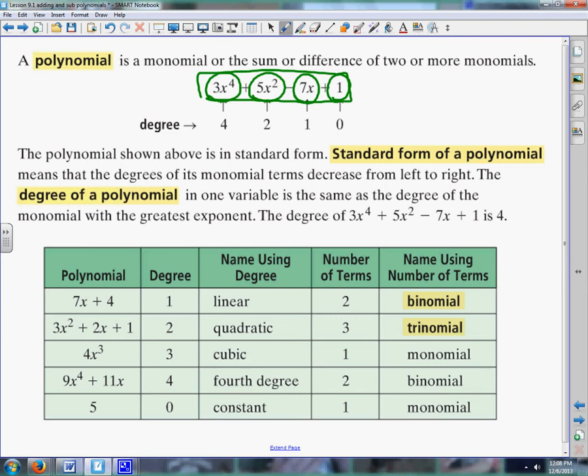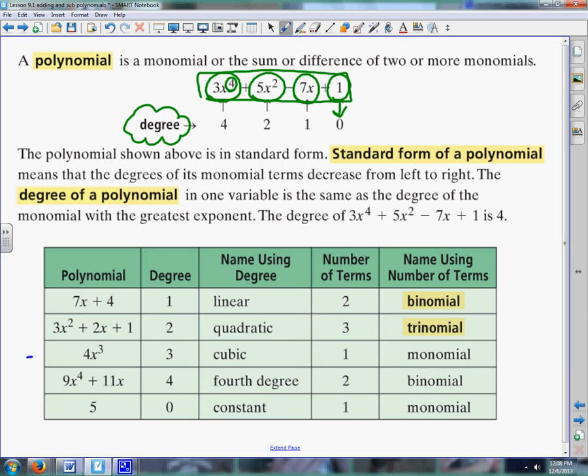So notice the degree. This is what we just talked about. This one has a degree of 4 because of the exponent. This has a degree of 2 because of the exponent. This has a 1. And any number by itself has a degree of 0. So here's a little chart if you're still kind of confused. We have monomials, binomials, and trinomials.